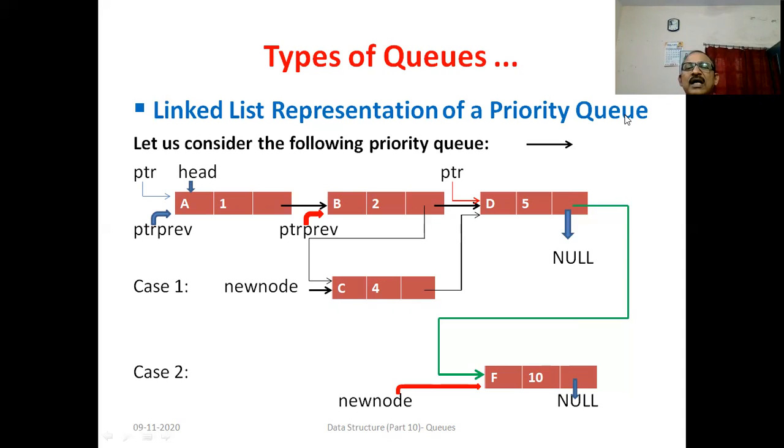That means we set PTR next equal to the new node. Is it clear? So this way we can implement the algorithm to add an item into the priority queue.